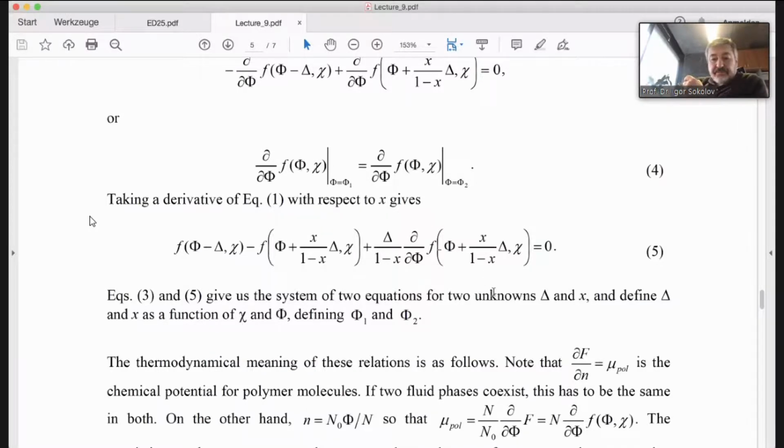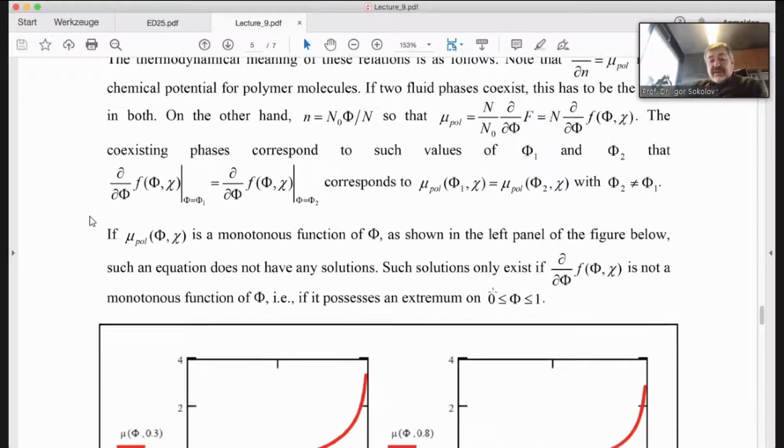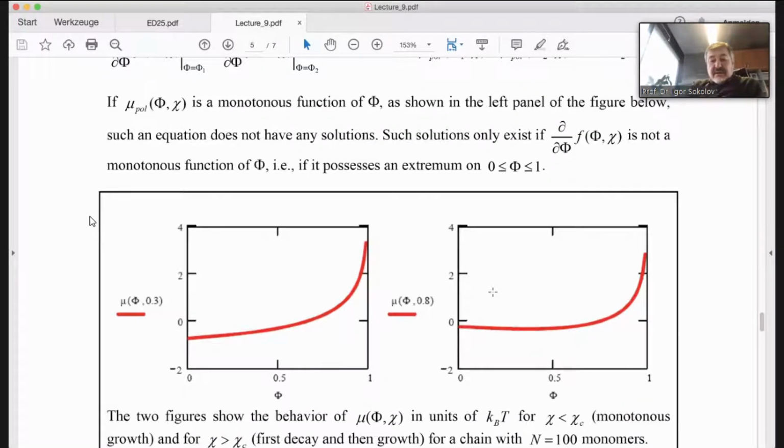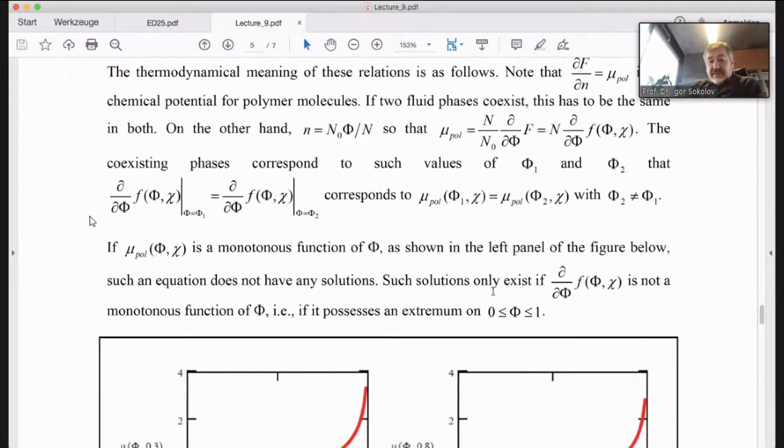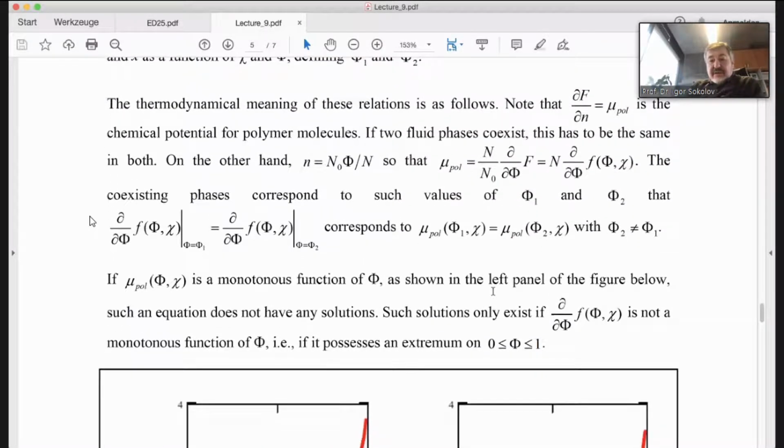Now let's have a look. Essentially, this is described here.